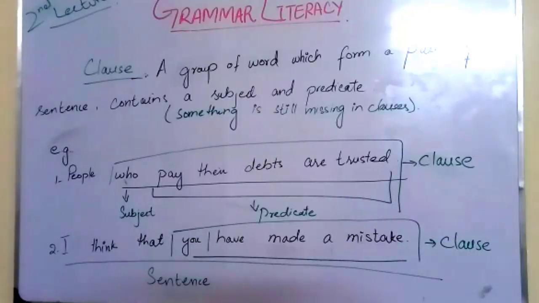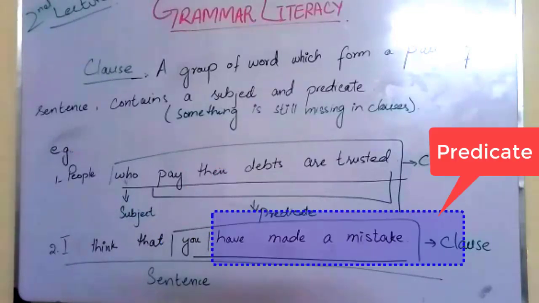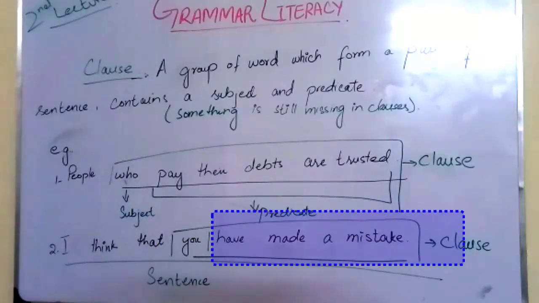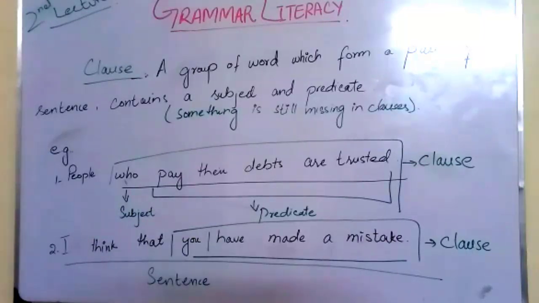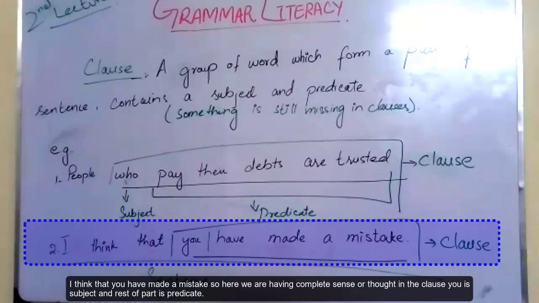Somebody is asking what you have done, and the other person tells that I have done this. And the first person says that you have made a mistake. So this is a clause. But if he said the complete sentence, I think that you have made a mistake, here we have a complete sense or thought.